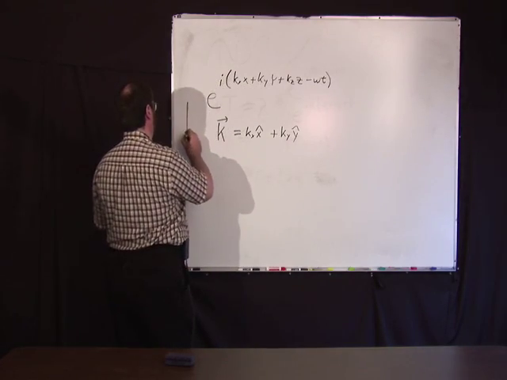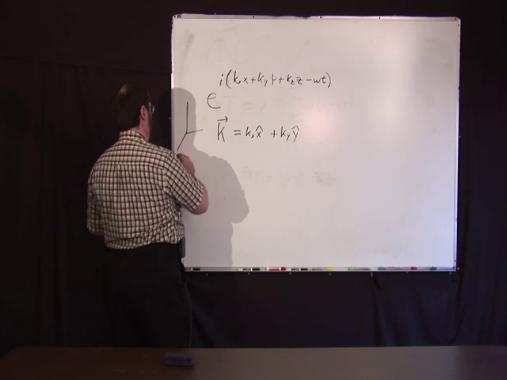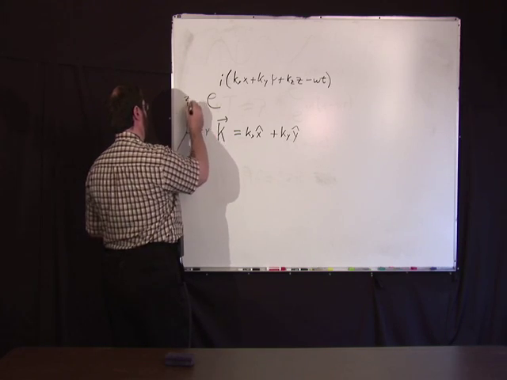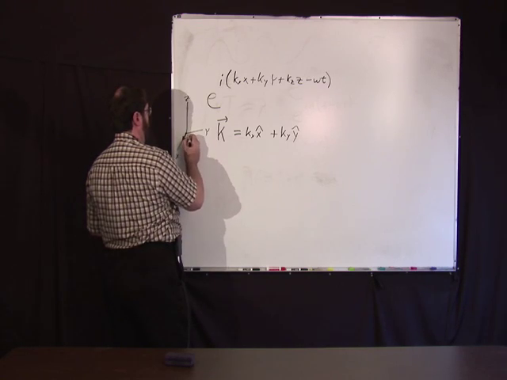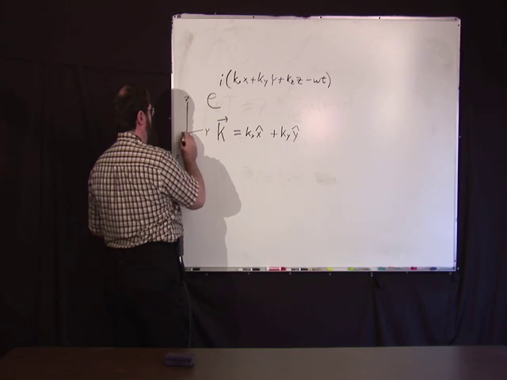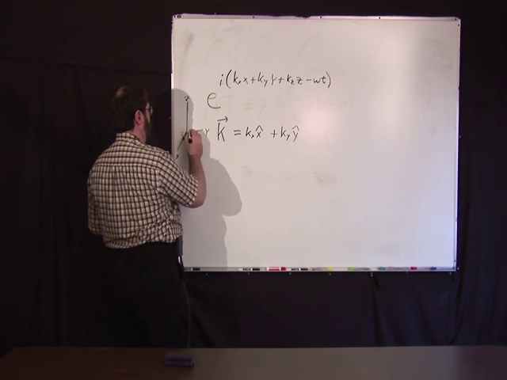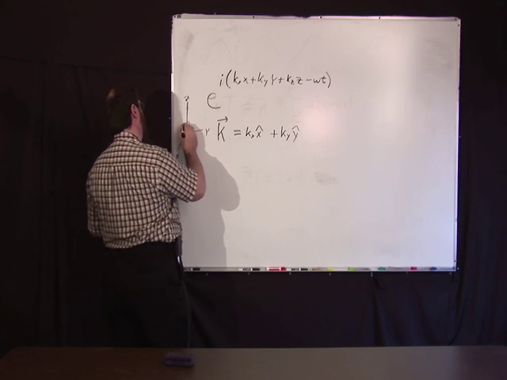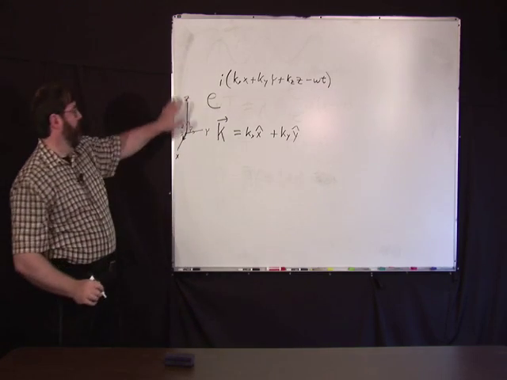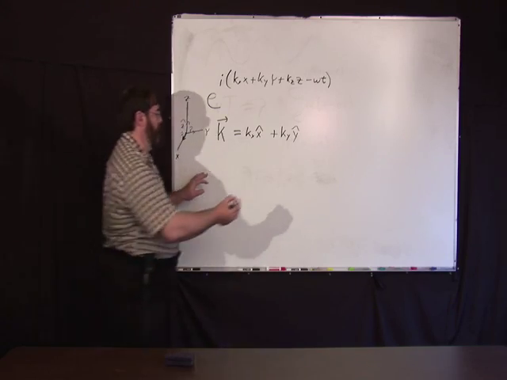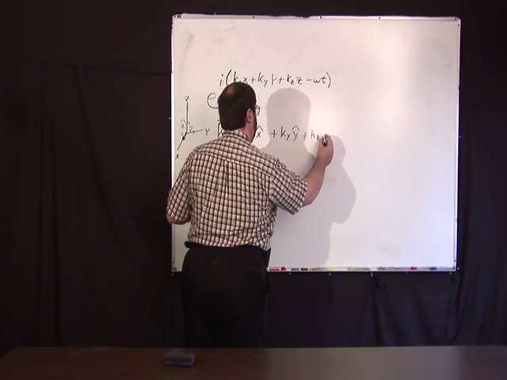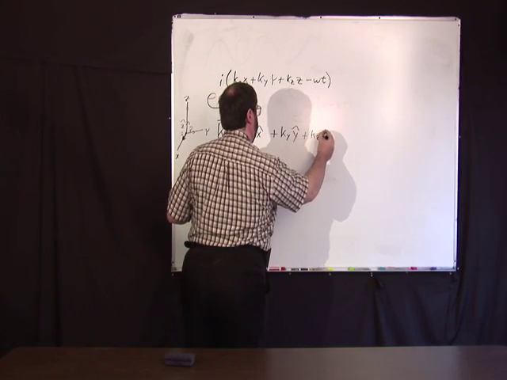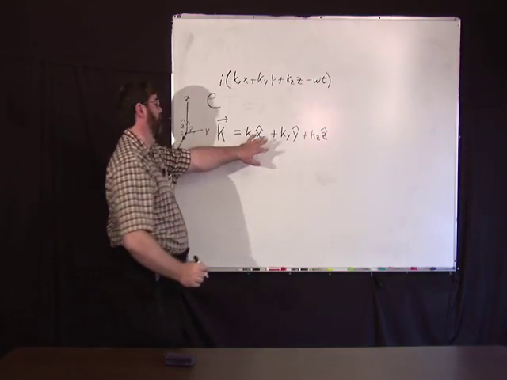If we draw a three-dimensional coordinate system x, y, z, x hat is a vector of length 1 in the x direction, y hat in the y direction, z hat in the z direction. Plus kz z hat, the unit vector in the z direction.